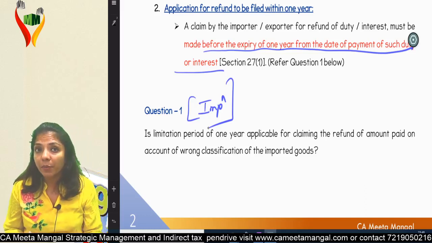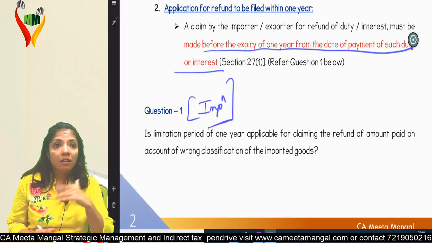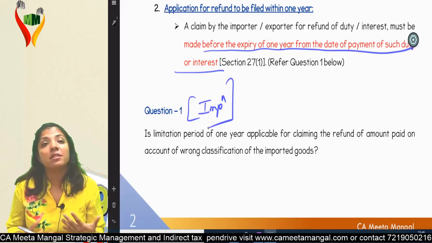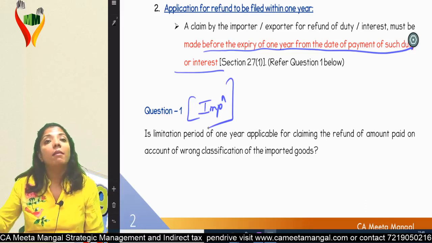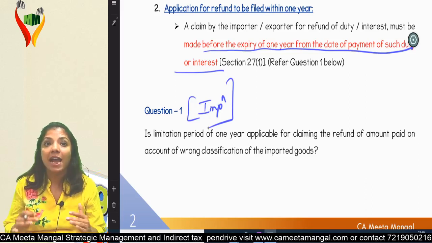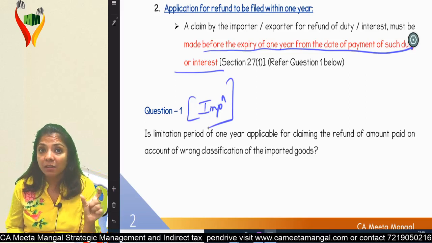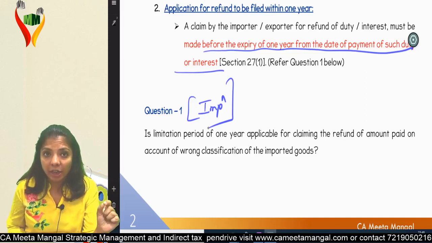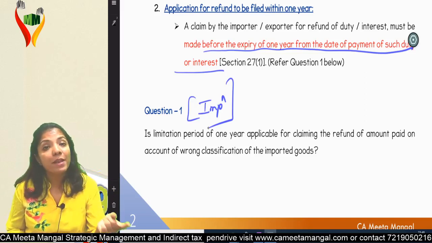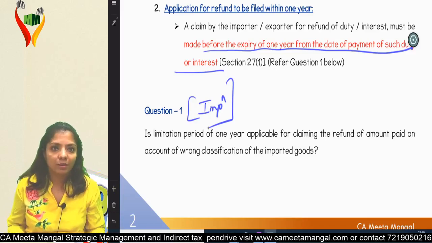While paying customs duty, I must have done a wrong classification, and because of that I have paid excess duty. Now, is that 1 year time period applicable here also or not? Let's read the question first.